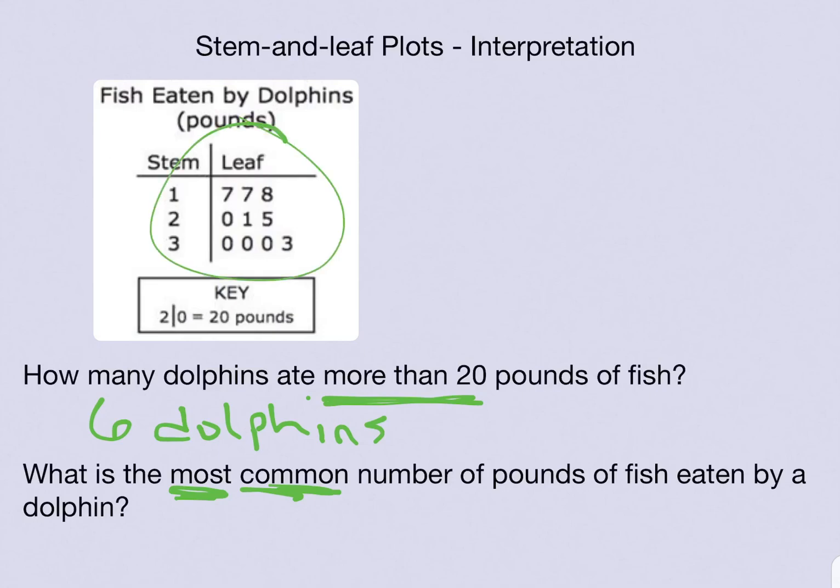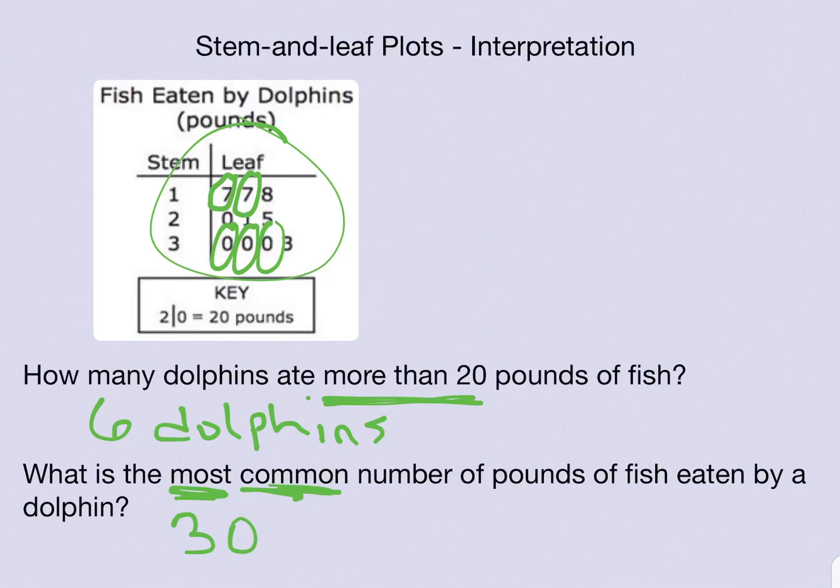So we're going to look at our leaf section and look for ones that repeat. The only ones that repeat, we have 2 17s here. But for 30, we have 3 of those. So that means that 30 is the most common number of pounds of fish eaten by a dolphin because 3 dolphins ate 30 pounds of fish. That's more than any other dolphin from this set of data.